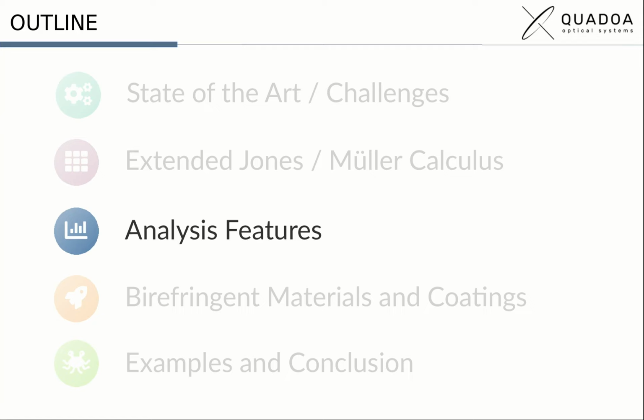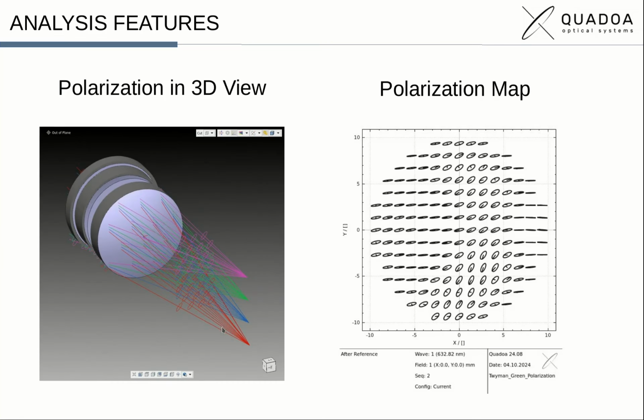Now let's have a look at the analysis features that are available in Quadoa. First, as I just showed you, there's the 3D view in which we can directly plot the polarization ellipses, and this is especially useful if you have complex folded systems and you want to track the polarization state throughout the system.